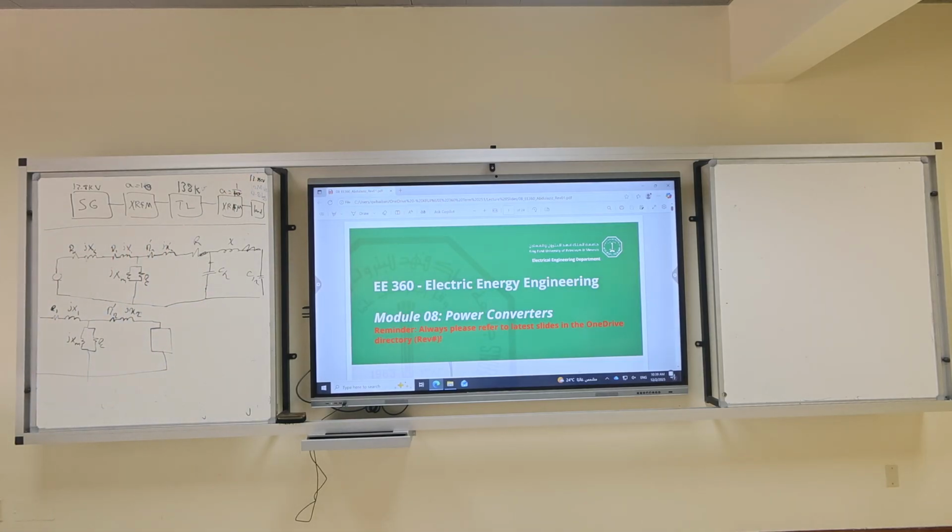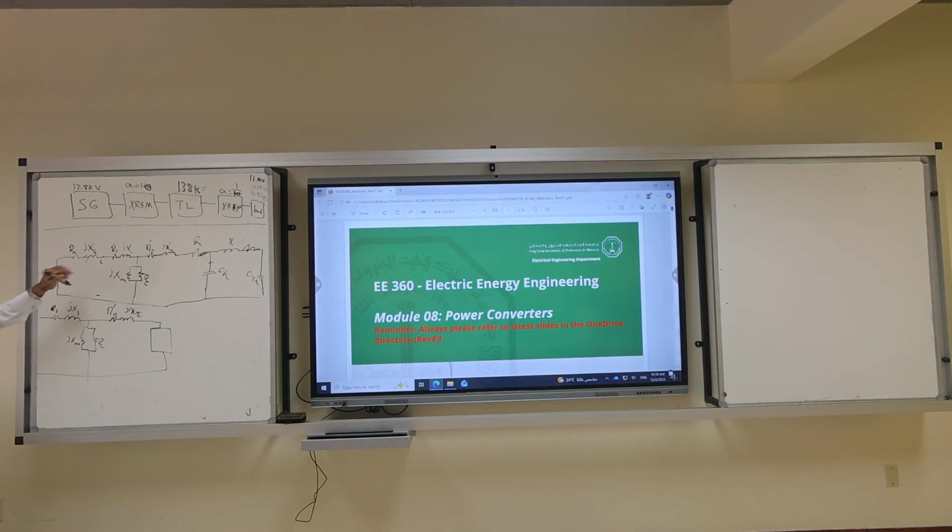Here you draw the synchronous generator, here we have EA. What is VT? 13.8 divided by square root of 3. Why? Because this is the nameplate. The E sub A, depending on overexcited or underexcited, has to be calculated.